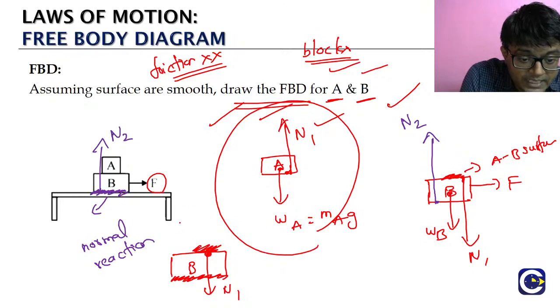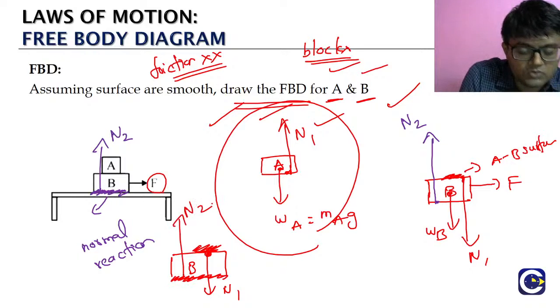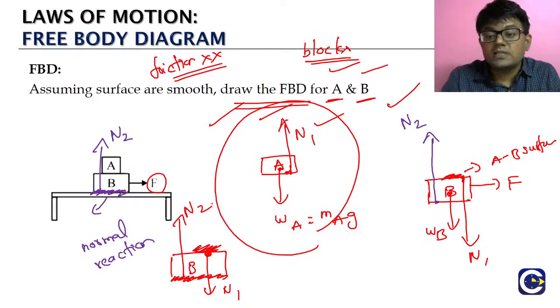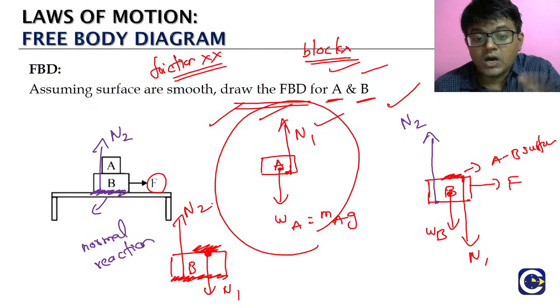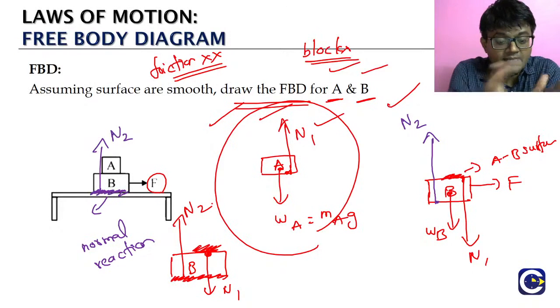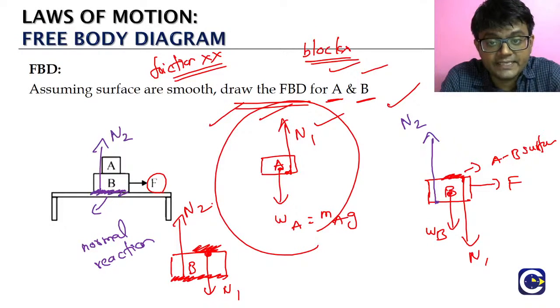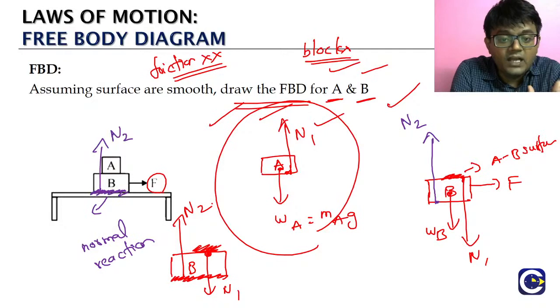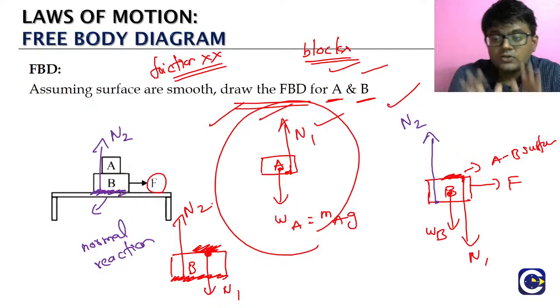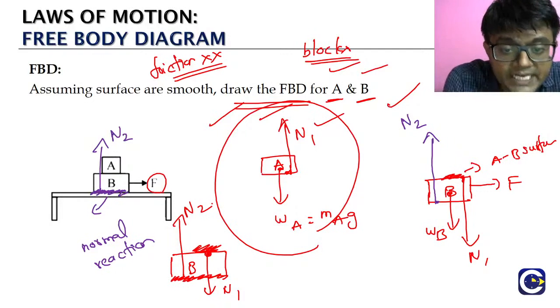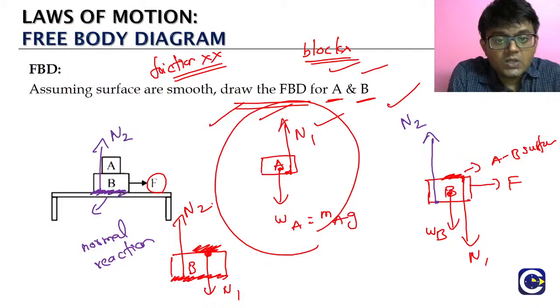How will it be? From the contact surface here, it will be into the block. It will come like that. Okay? So this is how we represent the normal reactions acting at both surfaces. If an object has multiple contact surfaces, we have to carefully choose the direction of the normal reaction at each contact surface. Okay, so this is the free body diagram for the block B.